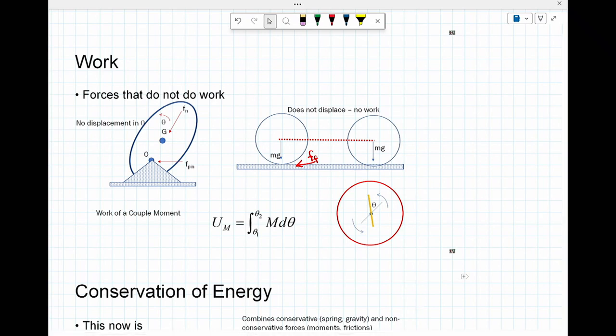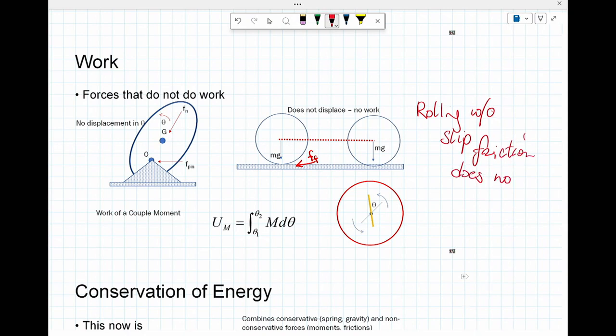when you have rolling without slip, friction does no work. And then, if you look at the work of a couple moment, you also have, say, a normal force that's acting through G towards O, towards the center of rotation, or you have force of the pin.